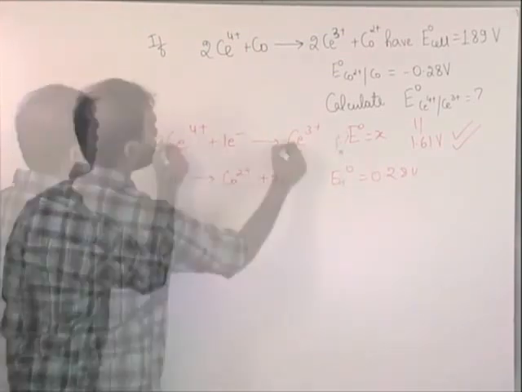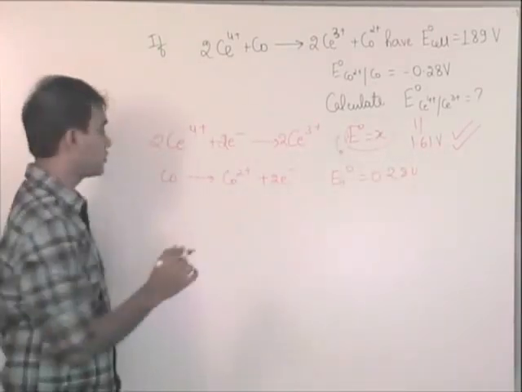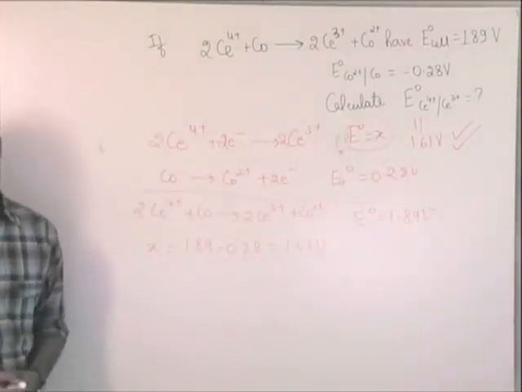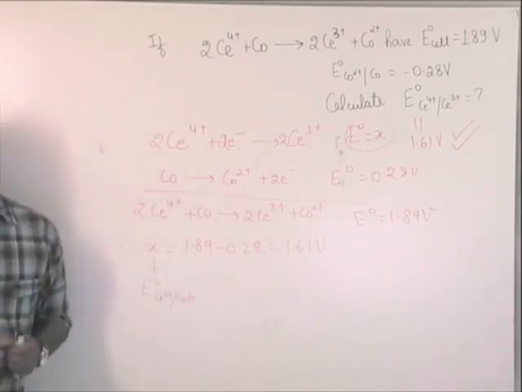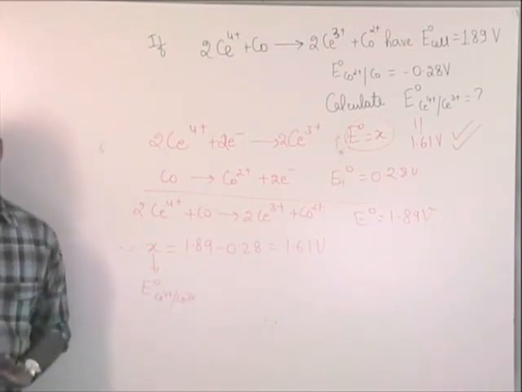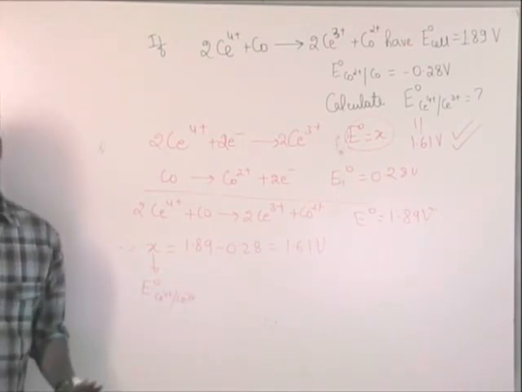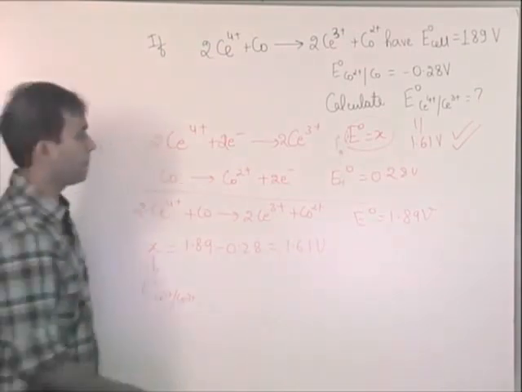But E naught is still X. We are not multiplying it. This is clear? So if I give you any reaction now, you can find its E naught and you can find the E naught cell, right? Clear? Shall we go ahead? Yes.